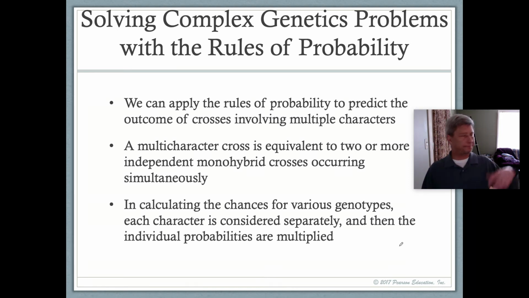So if you were to compare the chances of getting blue eyes from two heterozygous parents to the chances of getting freckles from two heterozygous individuals, we can use the laws of probability to figure out what the chances of getting a freckled blue-eyed kid are, or a non-freckled blue-eyed kid, or a freckled brown-eyed kid, or a non-freckled brown-eyed kid. We can figure out all of those numbers.